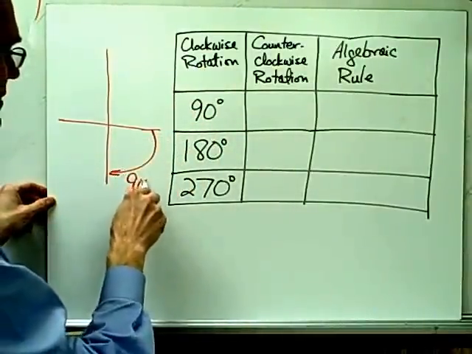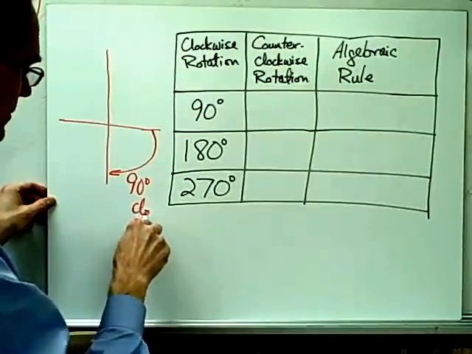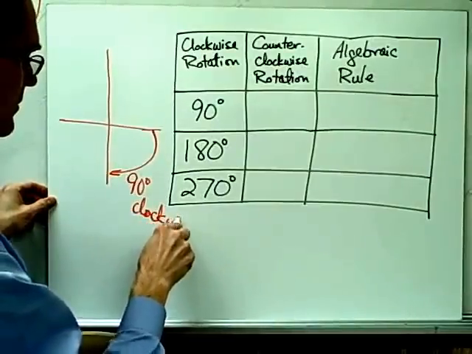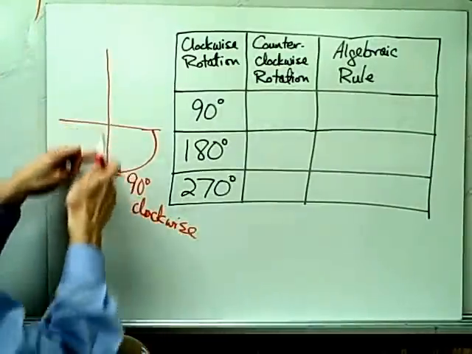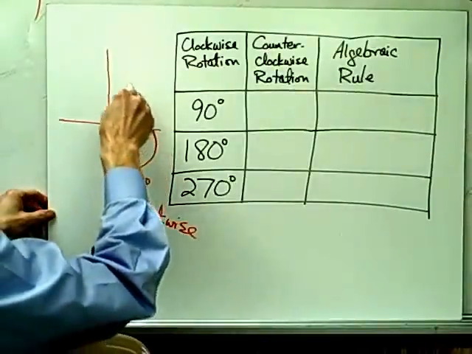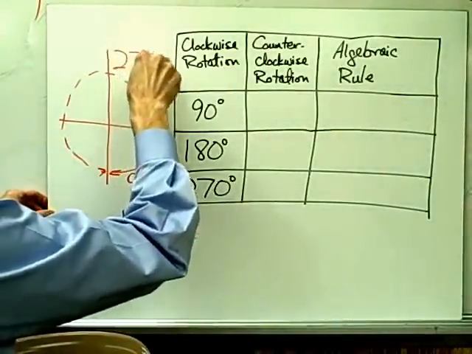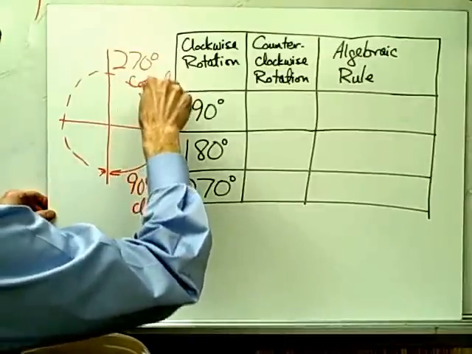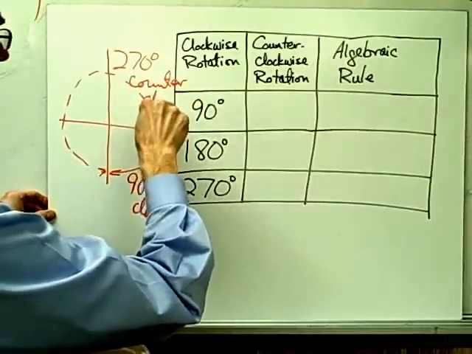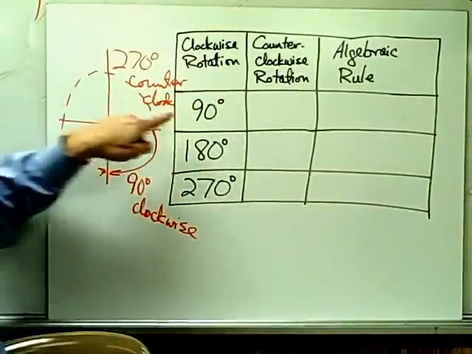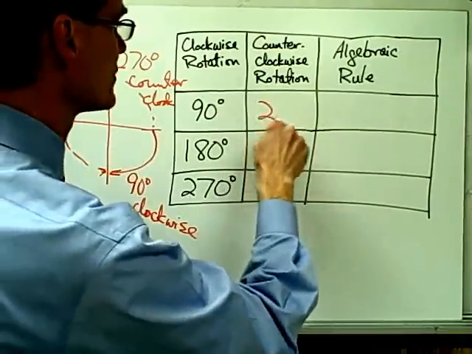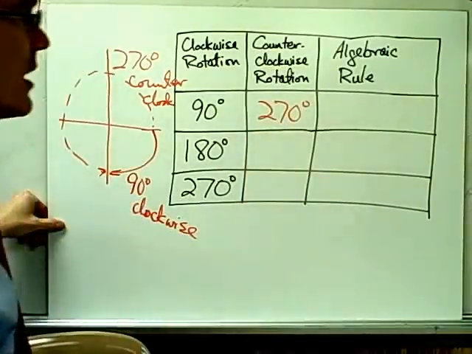This is 90 degrees clockwise. Well, notice that this is exactly the same as if I go 270 degrees counterclockwise. So 90 degrees clockwise is the same as 270 degrees counterclockwise.